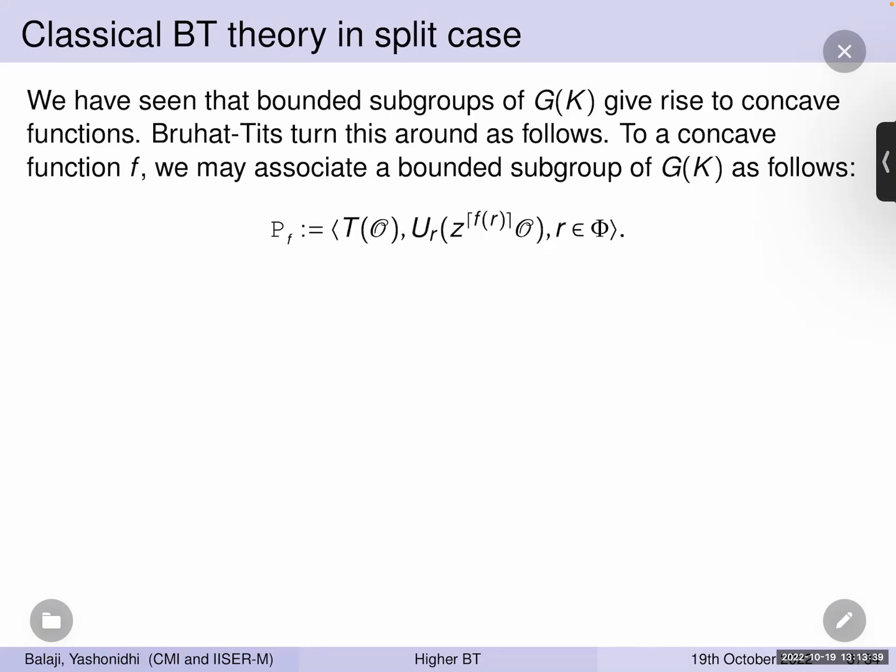This is a subgroup of G(K) generated by O-valued points of the maximal torus T, and for every root r, the root group has almost O-valued points, except that the uniformizer z must have a zero of order at least f(r).